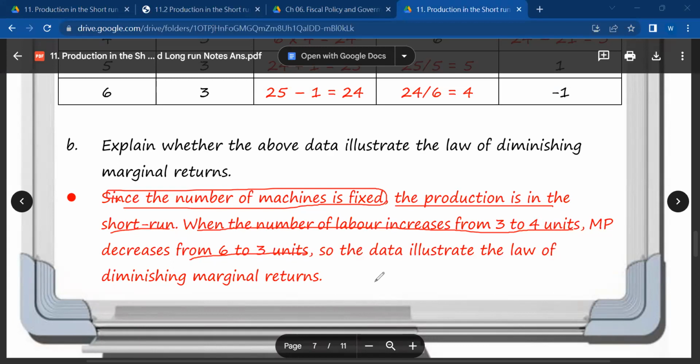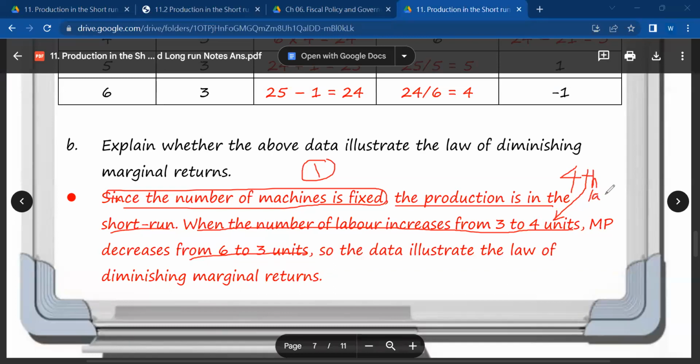Okay, so please remember in the DSE, you need to write this first: it is in the short run. This is the first thing. The second thing is when the number of neighbors increases from 3 to 4, or you can say when we employ the fourth neighbor.